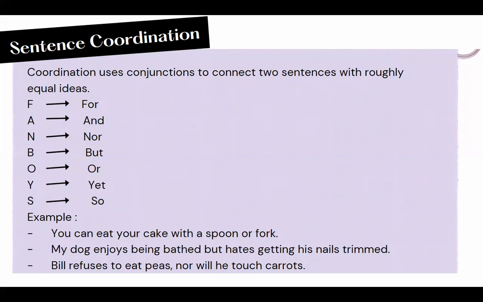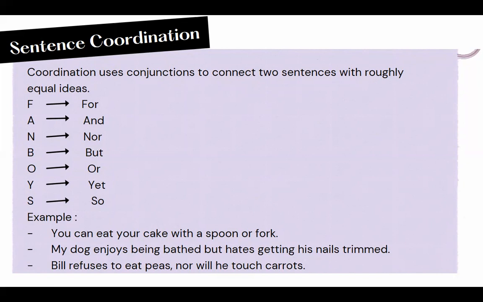F is for, A is and, N for nor, B for but, O for or, Y for yet, and S for so. You can see the examples. The first example: you can eat your cake with a spoon or fork.